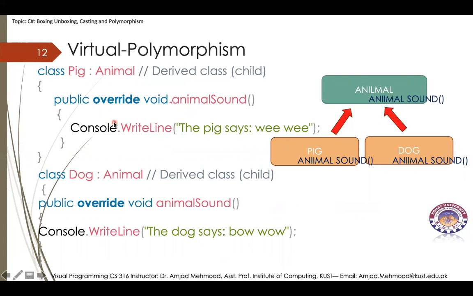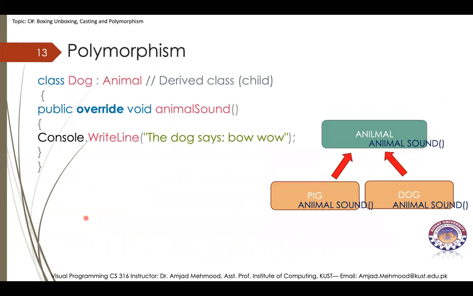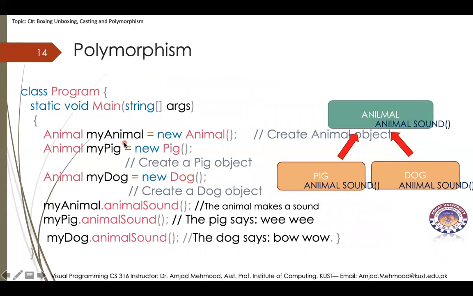So this is how overriding is performed. And here you can see that the dog class is also overriding its parent class. This is how overriding is performed in C#.NET as compared to other languages.